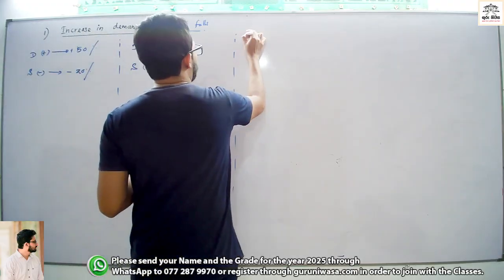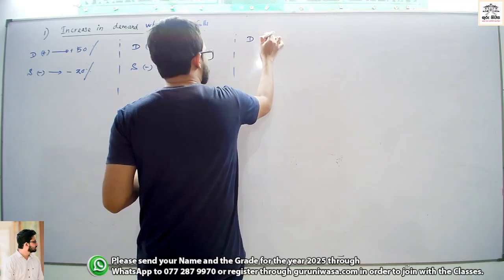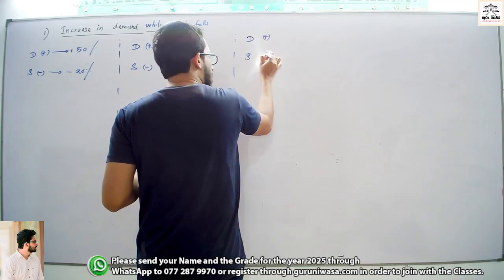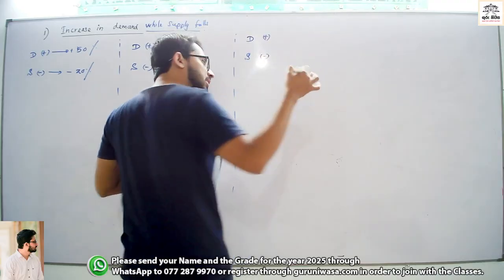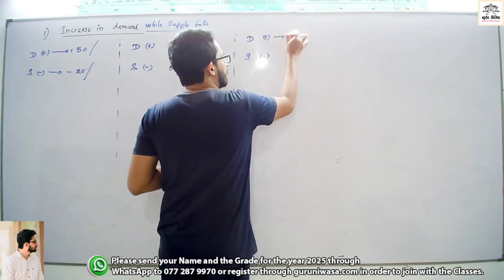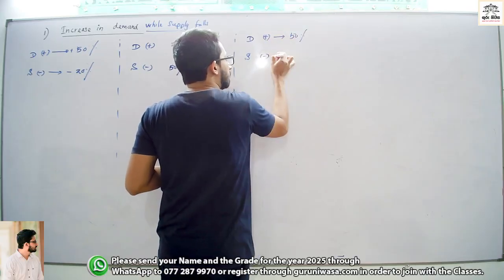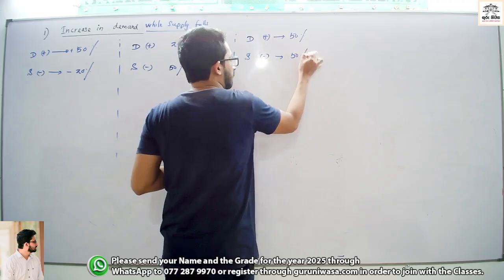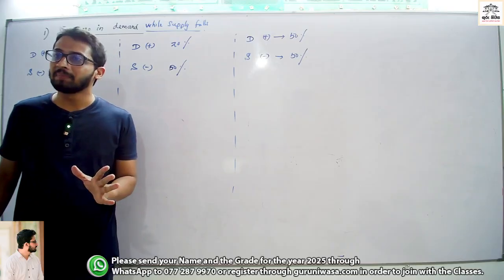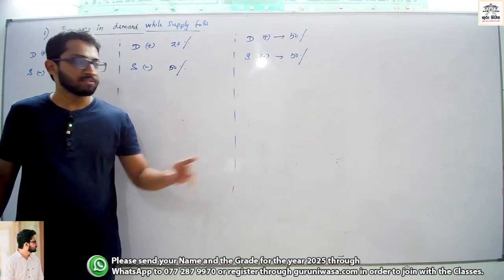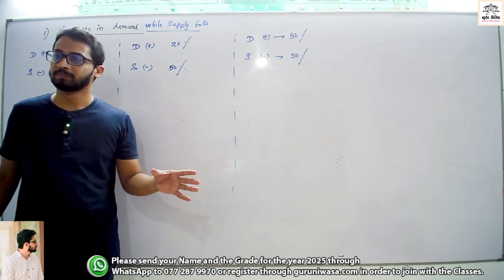Third one: demand increases, supply decreases, opposite directions, but the same percentage, assume 50% and 50%. I want you to draw these three diagrams properly, and finally you can make a conclusion.